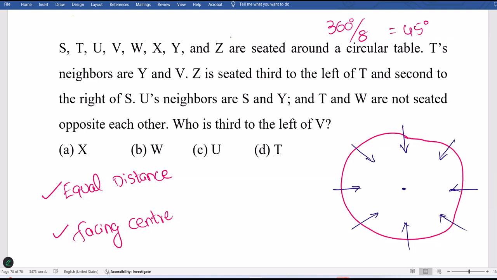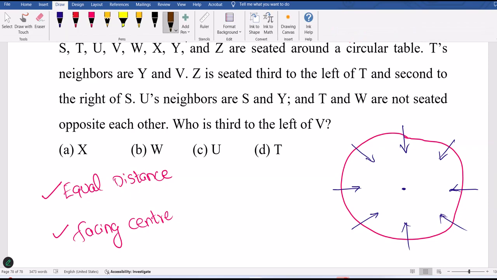Before attempting the question, see which person is more in the discussion; first you need to arrange that person. See which person the question statements relate to most. If you observe, T is here, T here, T here: 3 statements related to T. So first arrange T, the frequent person in the discussion.